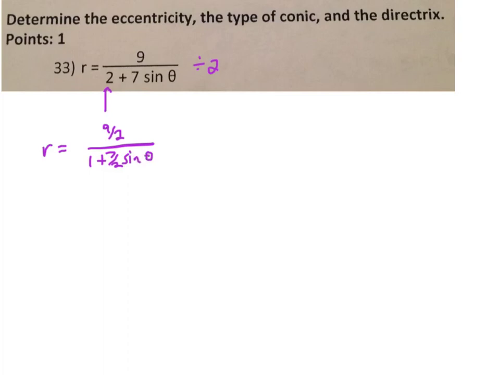So now we know that this is E, and we know the top is KE. So we found the eccentricity, 7 halves. The type of conic, since this is a number greater than 1, is a hyperbola.